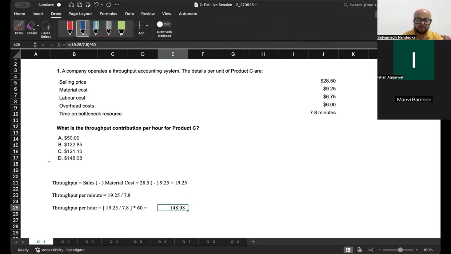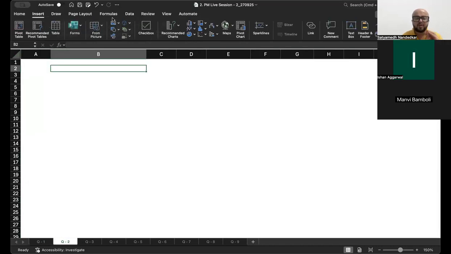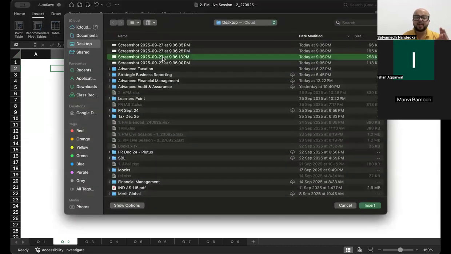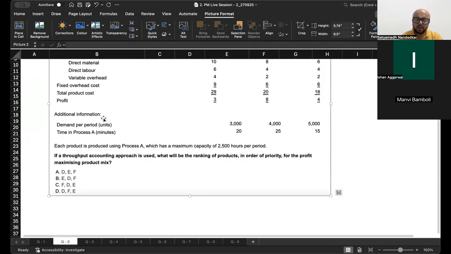We multiplied that by 60 and we got the throughput contribution per hour for product C. So the focus here is all about the hour-minute jumping. Once you know to divide by 7.8 and multiply by 60, it doesn't remain a tough calculation at all.